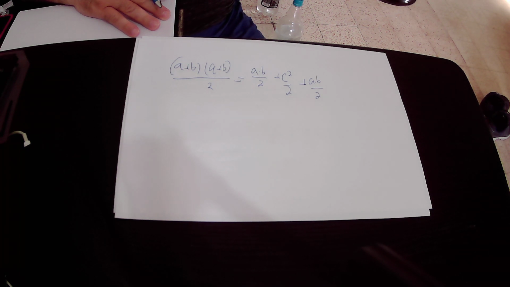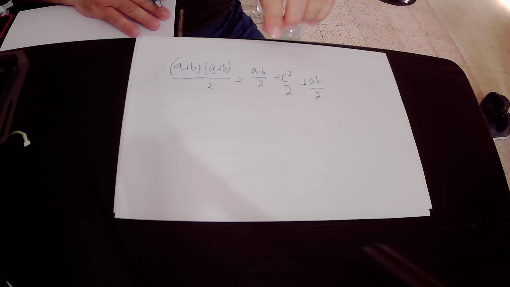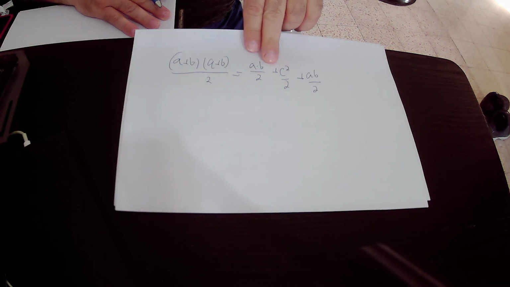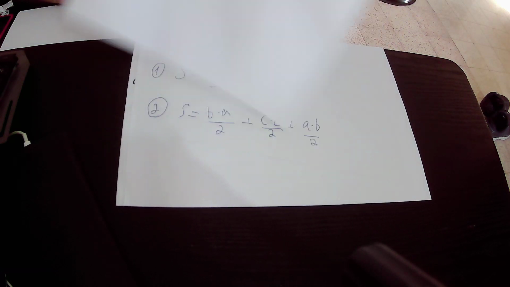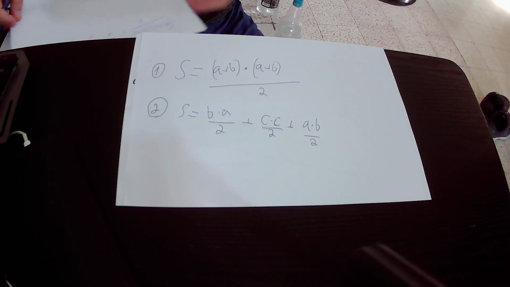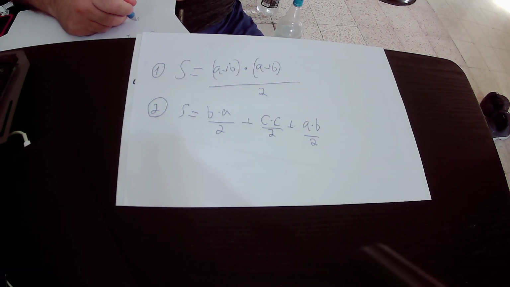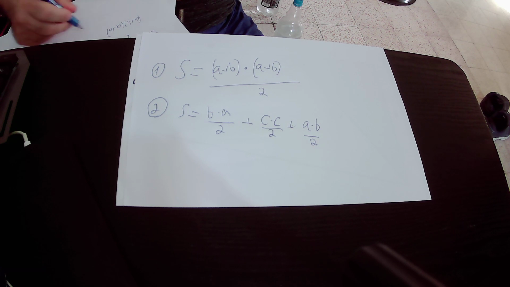Now we'll multiply the two sides of the equation by 2. Then we actually will get that A plus B times A plus B equals 2AB plus C squared.